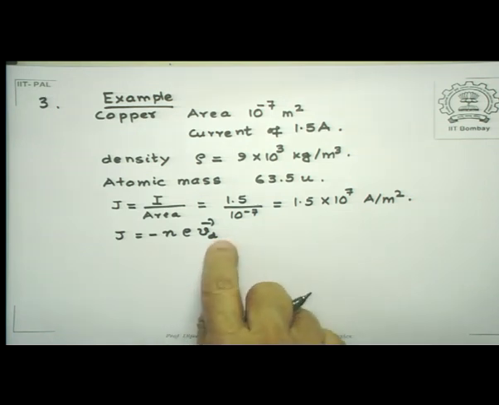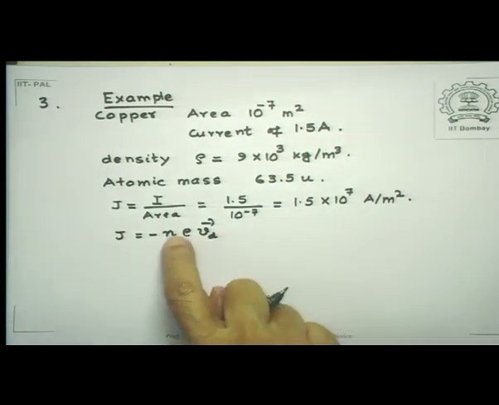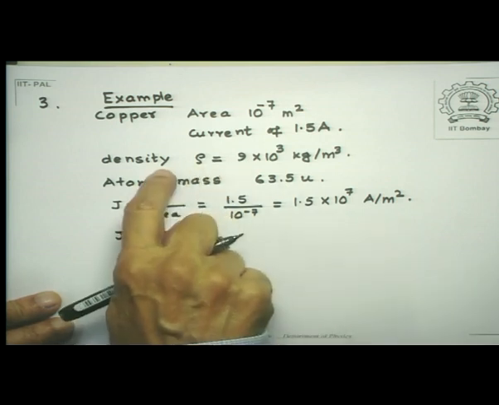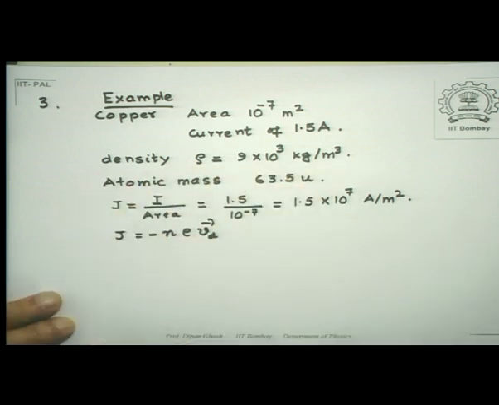So in order to calculate the drift velocity, I need to obtain the electron density, the number density of electrons in the sample. Remember that what is given here is the mass density of the sample, which is 9 into 10 to the power 3 kg per meter cube. Now, in doing so, I need to recollect a little bit of chemistry for you.